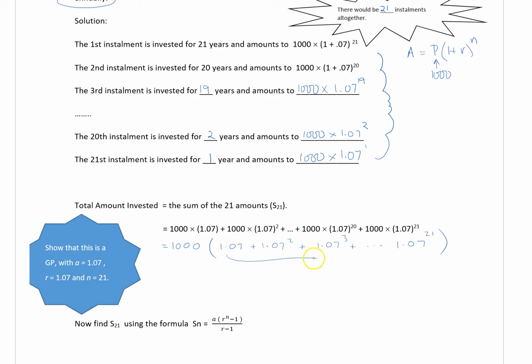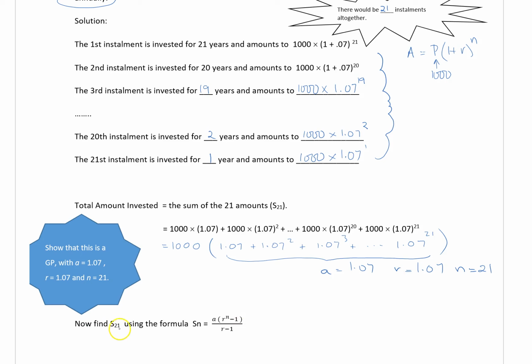Now, hopefully you can see this is the sum of a GP, where A is equal to 1.07, R would be this term over that term, which is 1.07, this term over that term, 1.07. So R is equal to 1.07, and there are in fact 21 terms. So this part of the total amount is the sum of a GP.